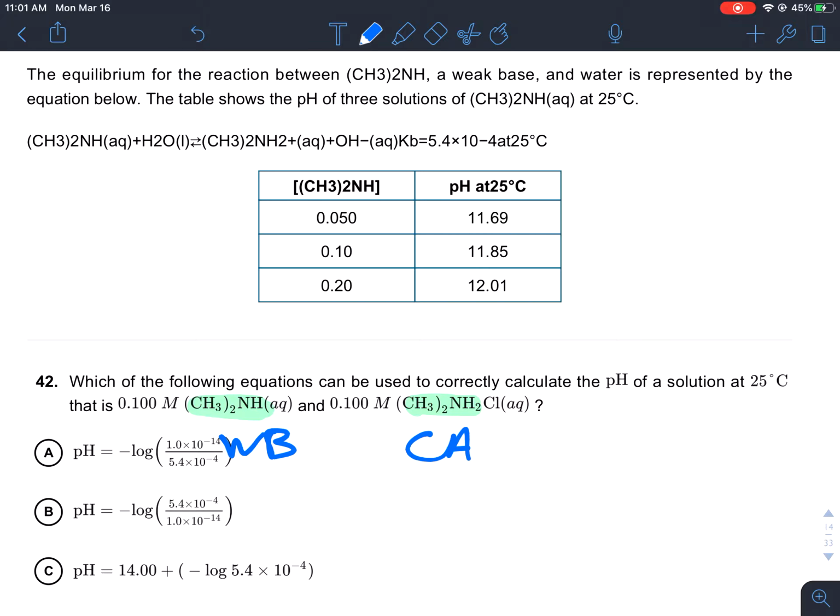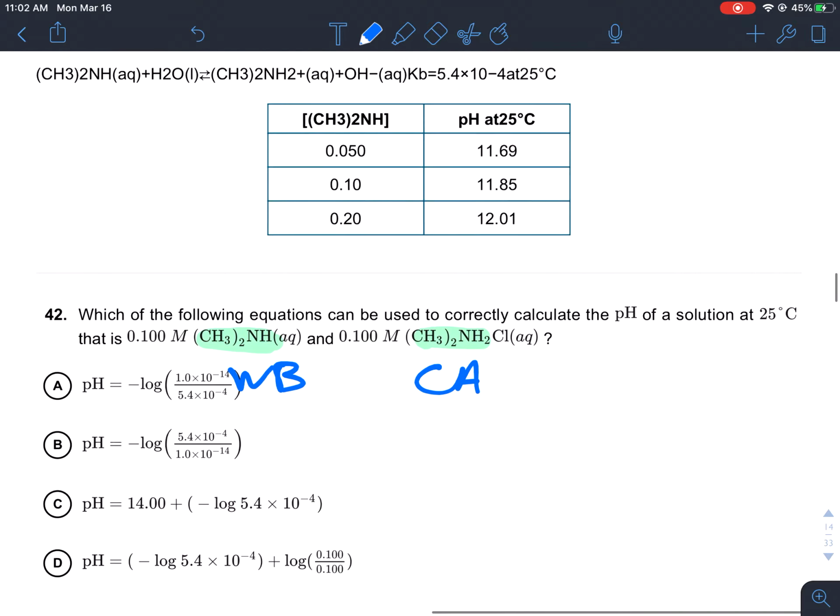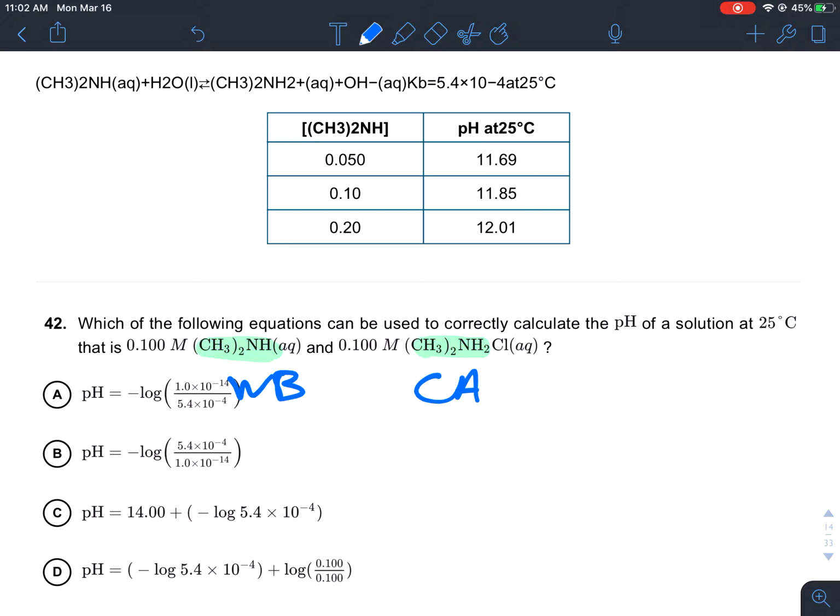All right. So how do you find the pH? You have to have the H plus concentration. To find out the H plus concentration here, we're going to go ahead and use the numbers that they gave us.